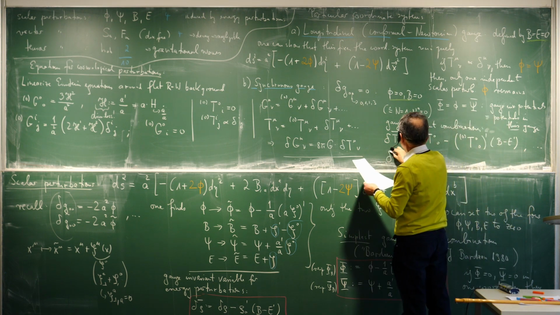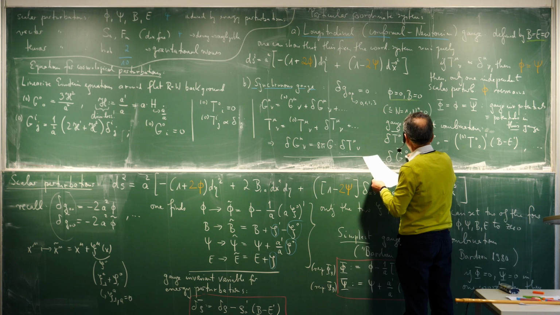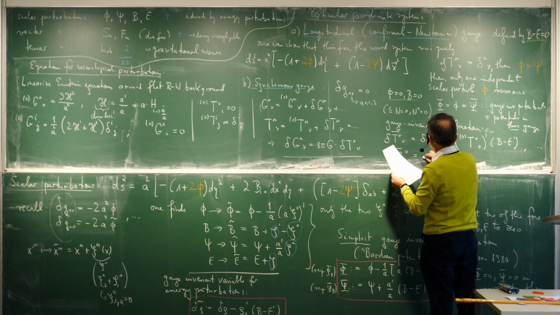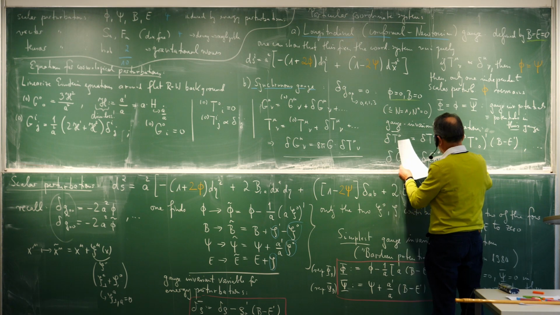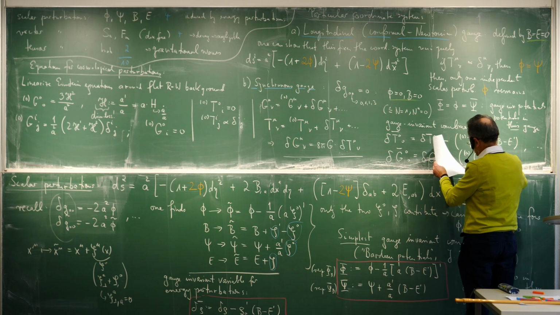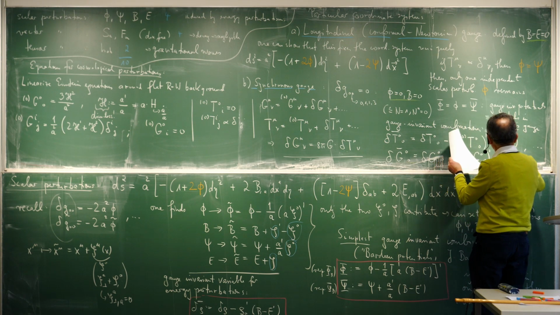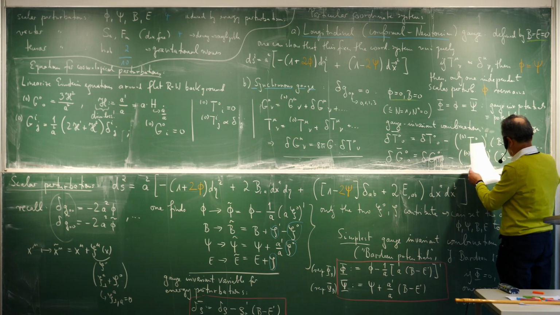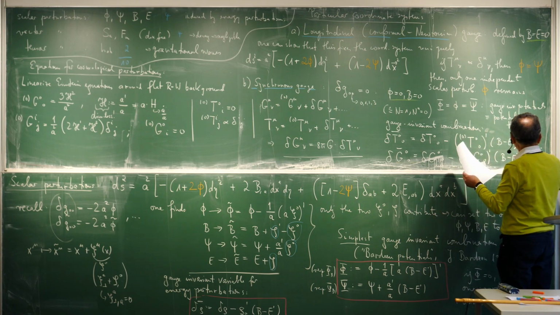Also, the first one of the Einstein tensor is delta G_00 minus the background G_00 prime, again similar to the other side for consistency, and also the other components.